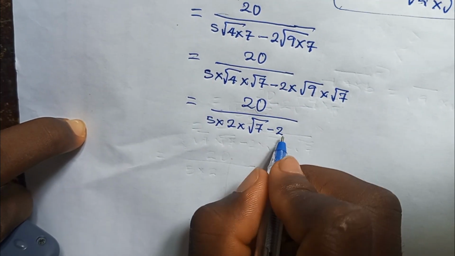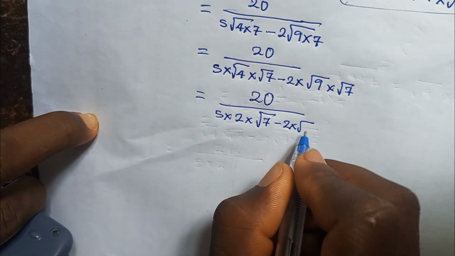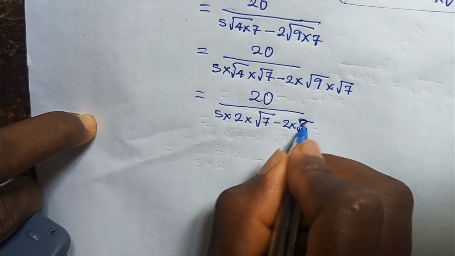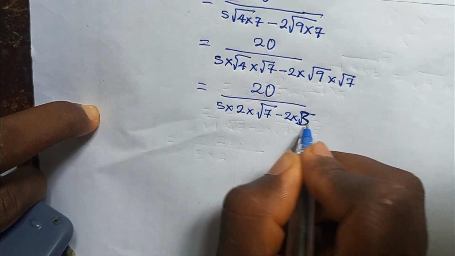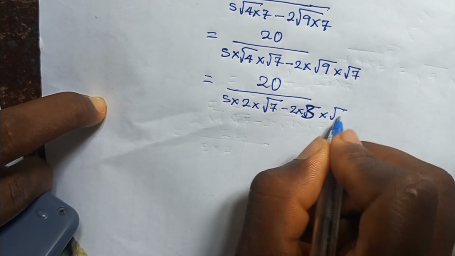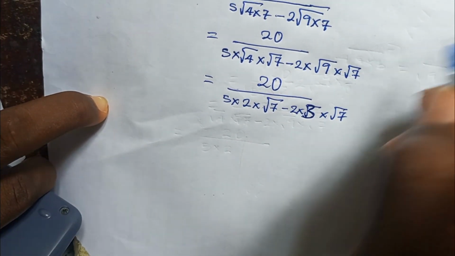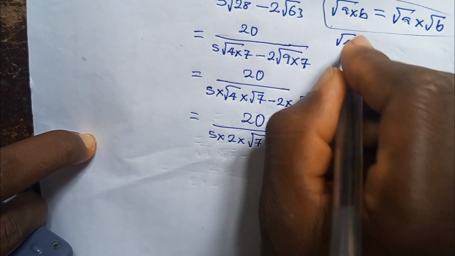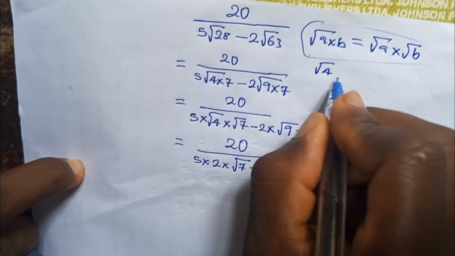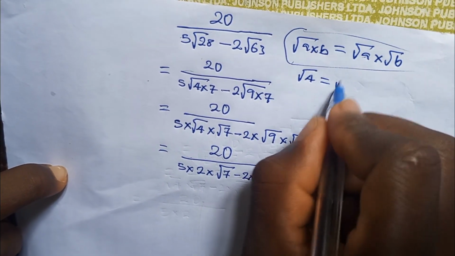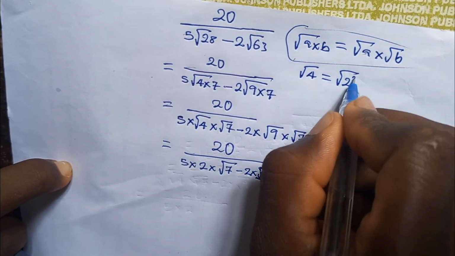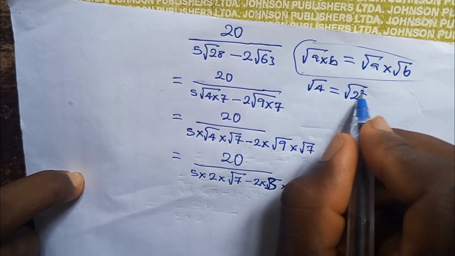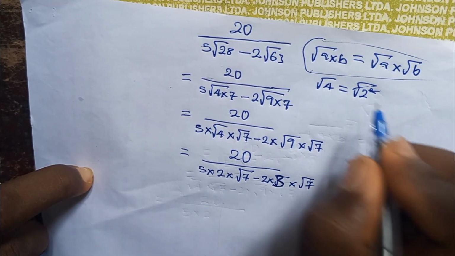minus 2 root 9 is 3. I will explain that. Root 9 is 3. I made a mistake. That's 3 times root 7. So from this instance, you discover that root 4 is equals to root of 2 squared. 2 raised to the power of 2 is 4, so the square goes with the root.